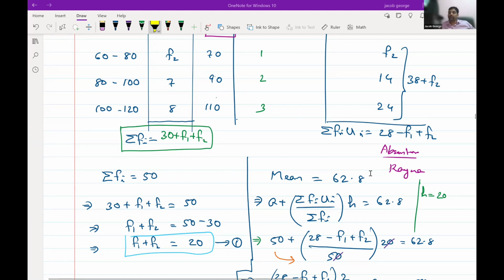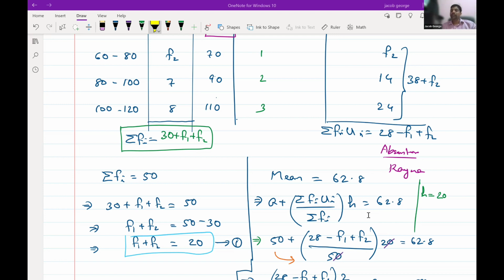The second equation is from the mean formula. Mean is given as 62.8. Immediately after that, we write the mean formula. Step deviation: a plus sigma fi ui by sigma fi into h is 62.8. Assumed mean method is also the same.